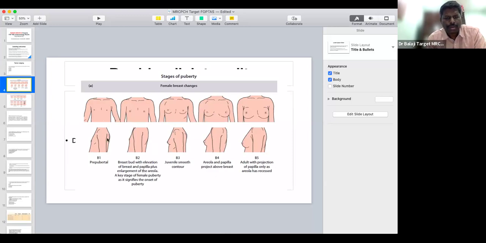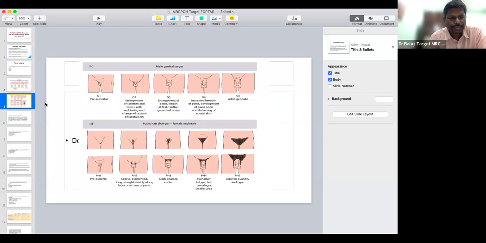Very often the confusion is between the prepubertal stage and B1 and B2. So just remember the breast bud stage is the start of puberty. They are very much interested in the start of puberty for girls, which is thelarche, and as it progresses B3, B4, B5. So remember the Tanner staging.